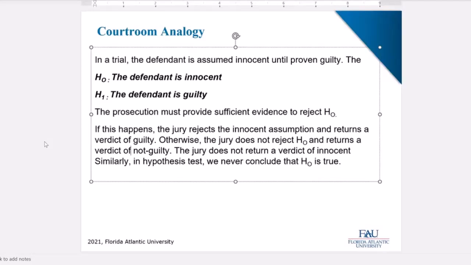Otherwise, the jury does not reject the null hypothesis and returns a verdict of not guilty. The jury does not return a verdict of innocent. Similarly, in hypothesis tests, we never conclude that the null hypothesis is true. I think that this might help you understand exactly what we're doing in our hypothesis testing.